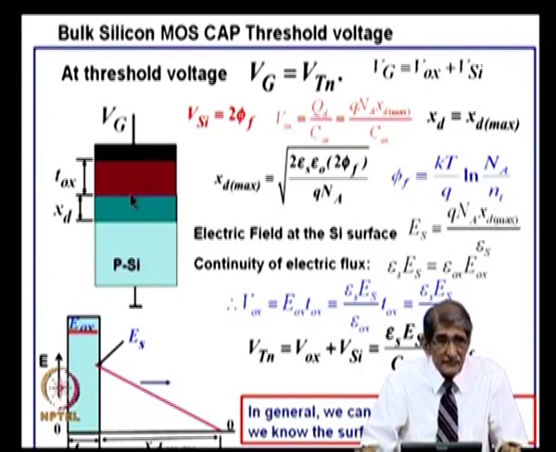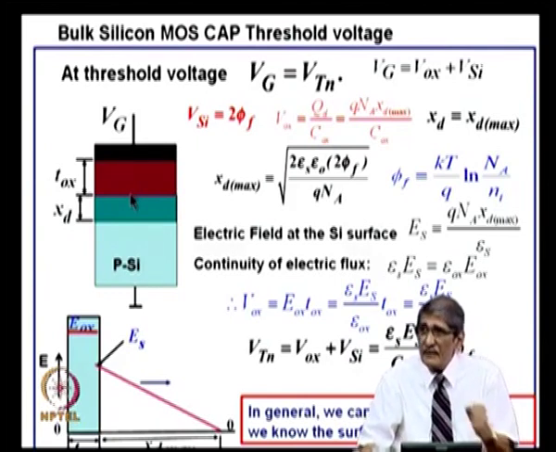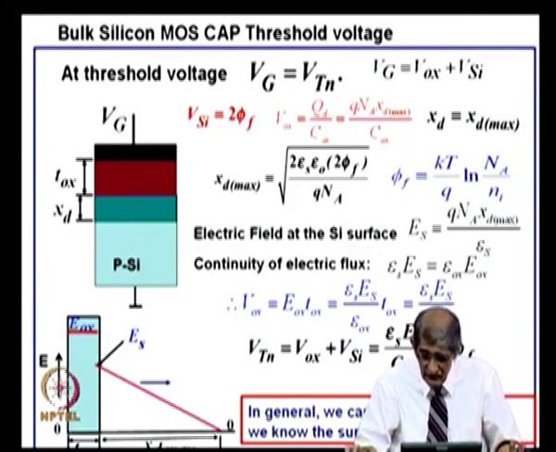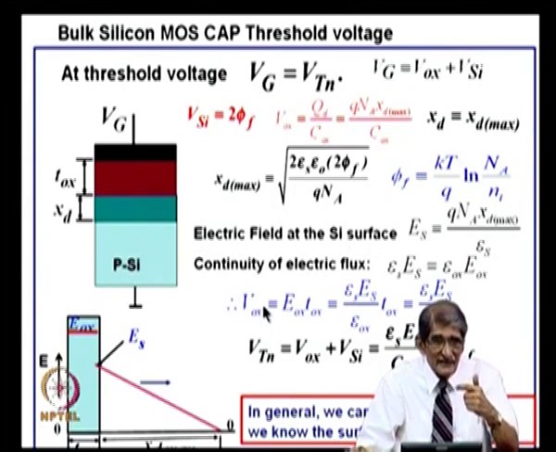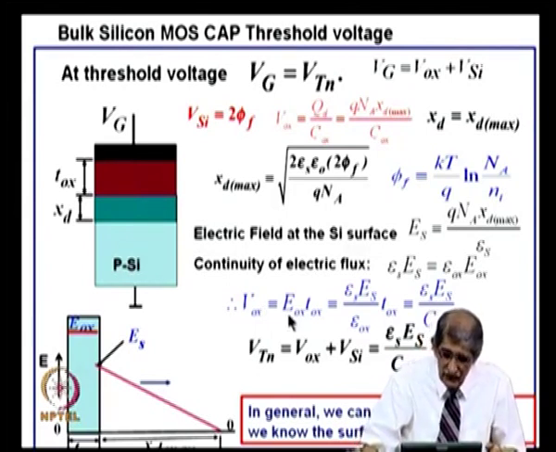If you can find out the peak field on the surface, you can find out the voltage drop across oxide, because if I know the peak field E of S in silicon, I know the oxide field from this relationship, continuity of flux. Now, if I know the oxide field, I know what the voltage drop across oxide is. This is exactly how I derived that actually, I am just recalling that. So, E oxide into T oxide will be the oxide drop.